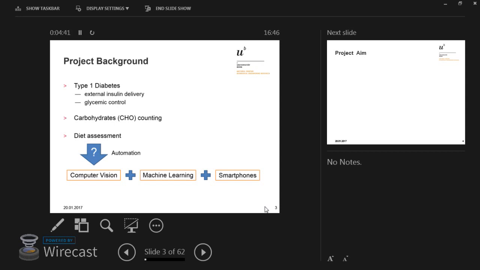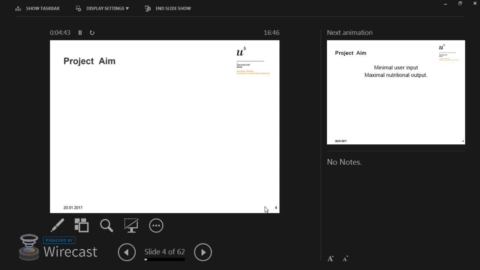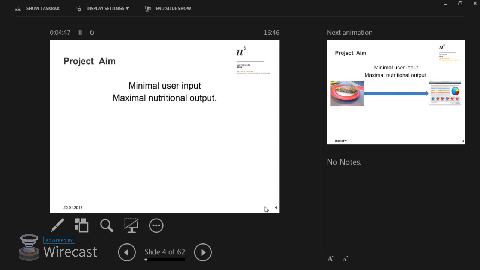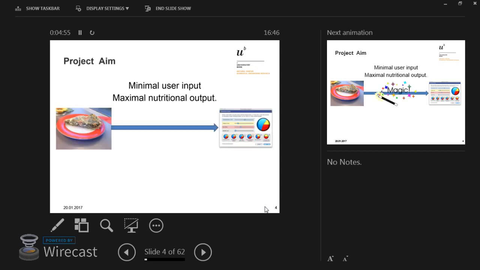So the goal, both of the PhD and the project, is to use minimal user input and have the maximal nutritional output, which is as much information as we can on the food. Looks a little like this. A nice photo of a pie that Sergey took, I believe, 4 years ago. The nutritional content and a little bit of magic in the middle.